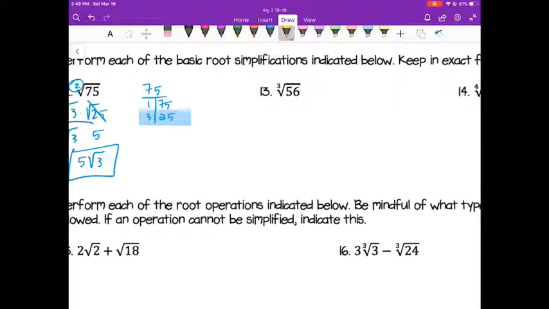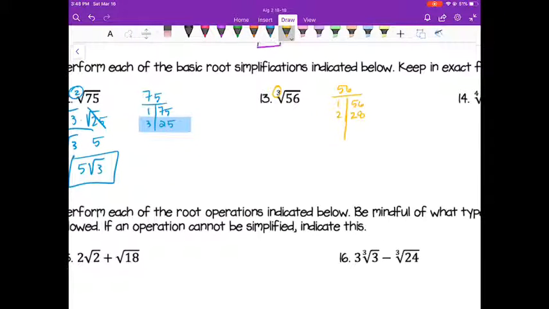For number 13, as I'm making my factor chart, I'm going to be looking for numbers that are perfect cubes. So I have 56. What numbers multiply to give me 56? I've got 1 and 56. I've got 2 and 28. Does 3 work? 5 plus 6 is 11.